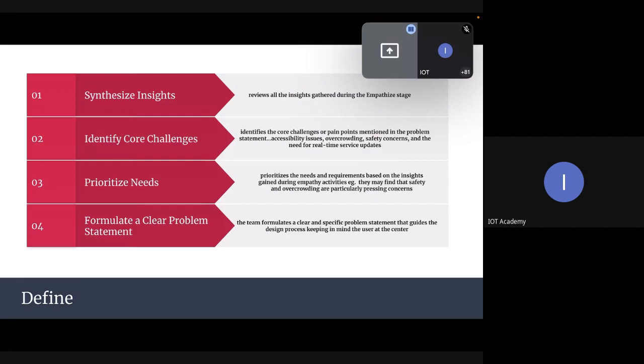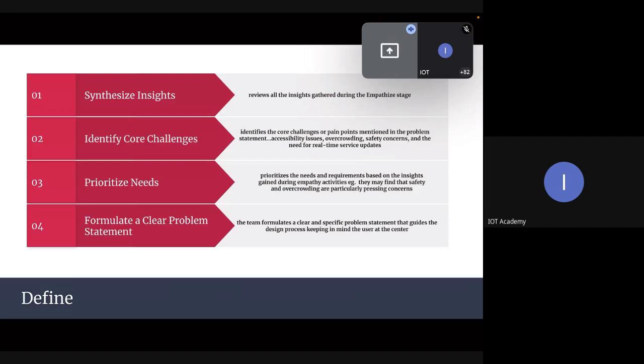How might we provide safety to passengers traveling in public transport and avoid overcrowding? So that means my problem is that I'm concerned about safety and overcrowding. So I have very clearly defined the problem that I want to focus on.